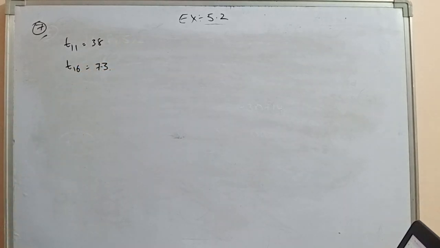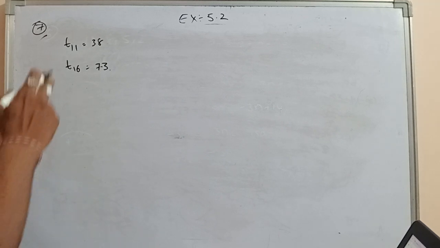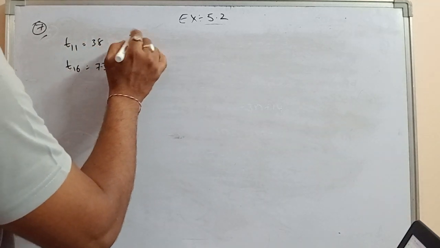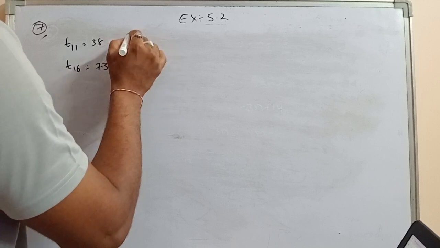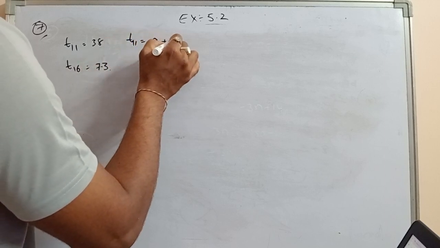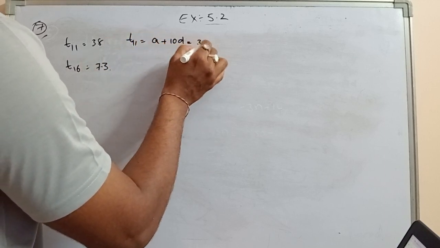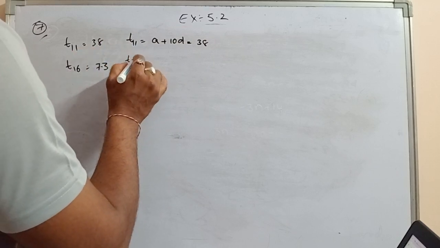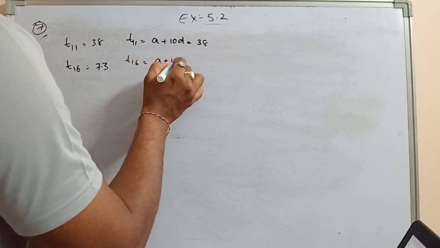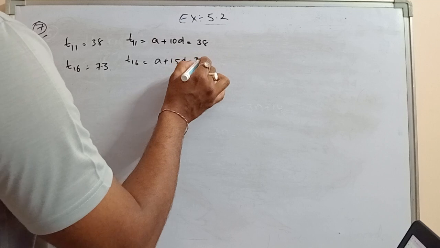Here we know the formula: T11 equals a plus 10d equals 38, and T16 equals a plus 15d equals 73.